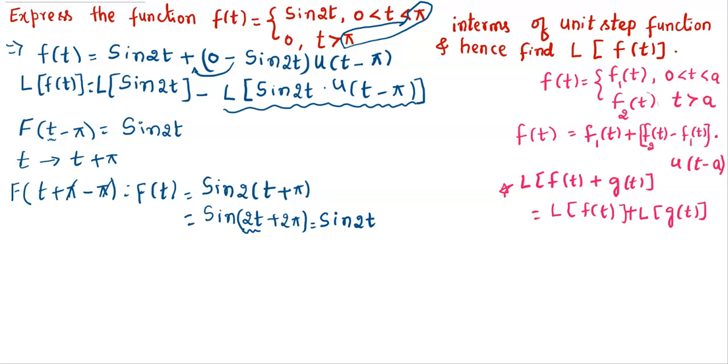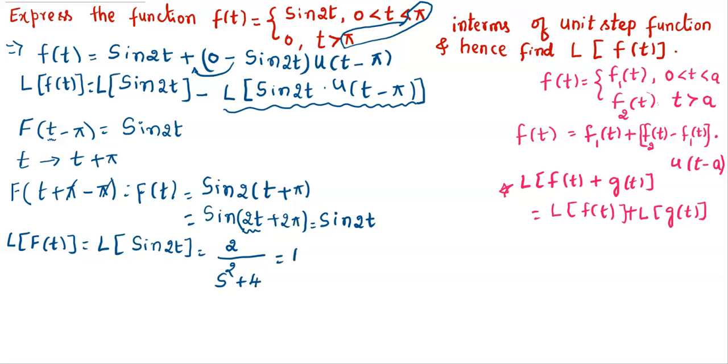So we have to find out the Laplace transform of capital F of t, that is the Laplace transform of sine 2t, which is 2 divided by s square plus 4.